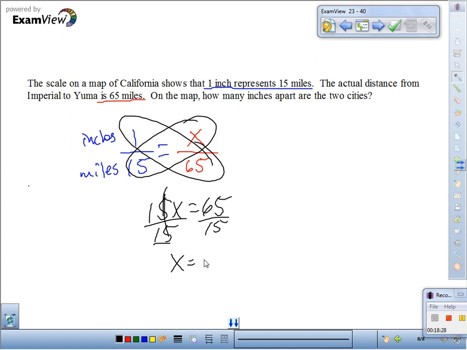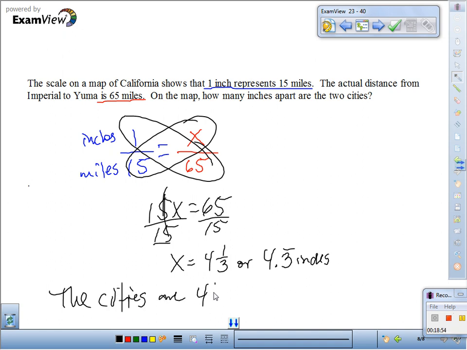X equals 4 1/3 or 4.3 inches. So, are we done? No. The two cities are 4 1/3 inches apart on the map.